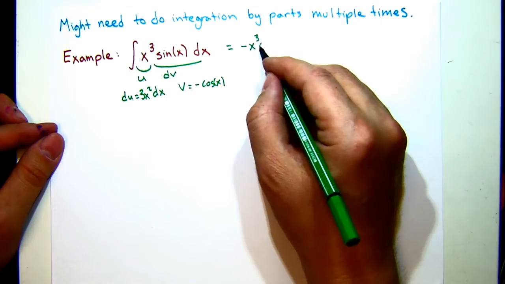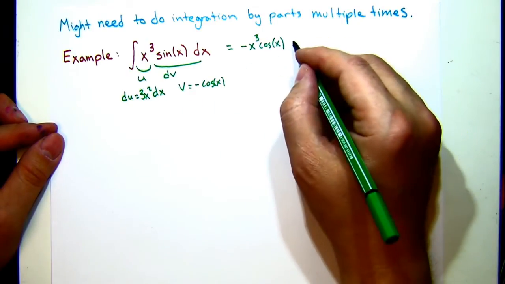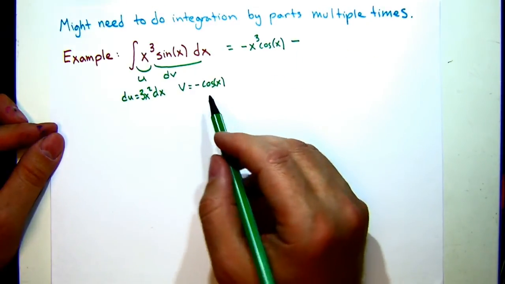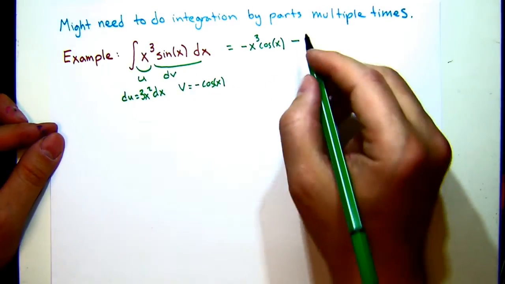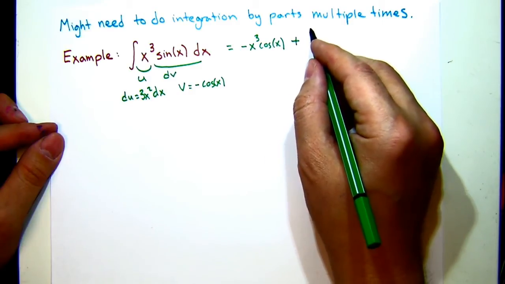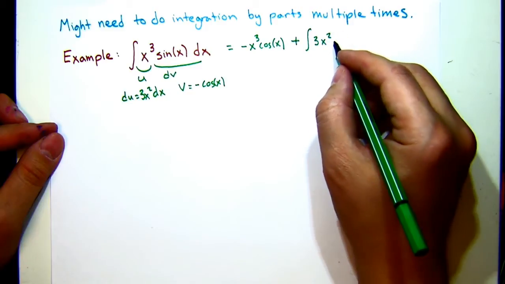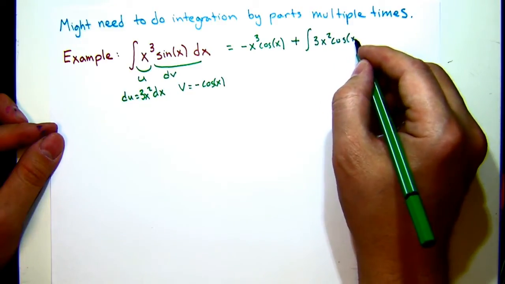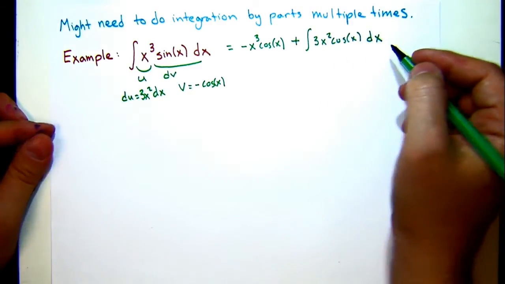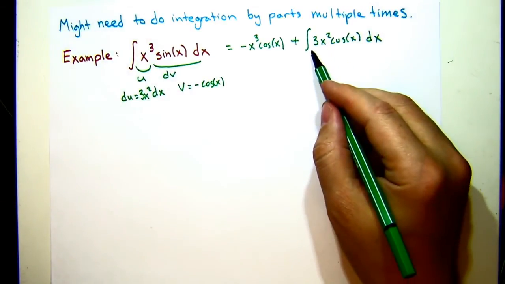So we get u times v, negative x cubed cosine of x, minus the integral v du. Now notice that there's a minus here. So minus minus, I can make this plus the integral of 3x squared cosine x dx.